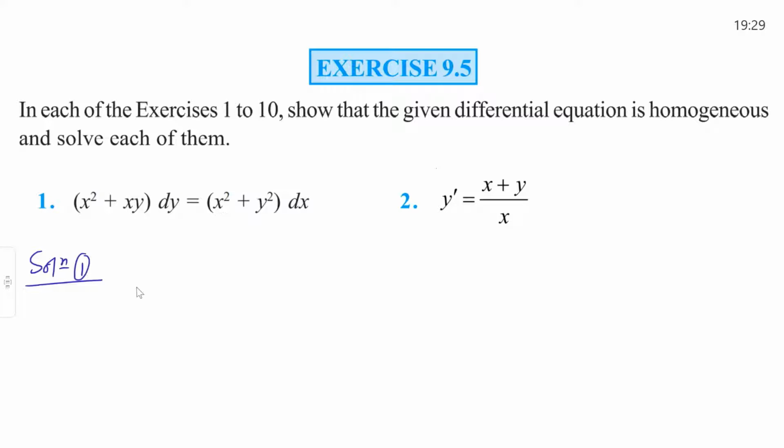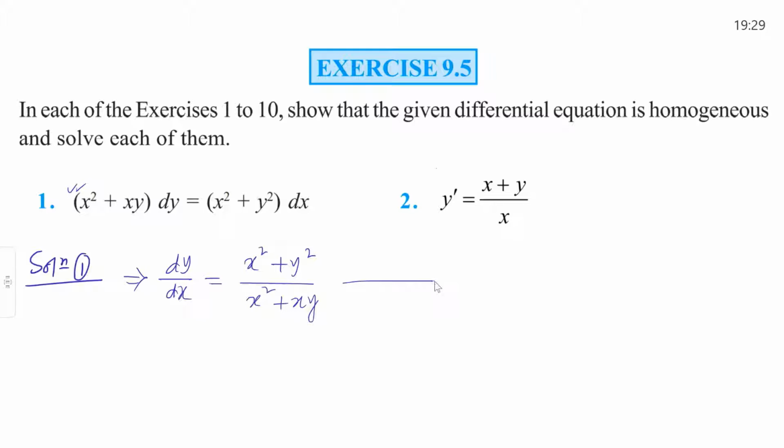So in your solution you write this first: dy/dx = (x² + y²)/(x² + xy).